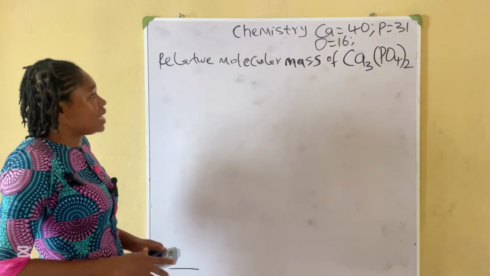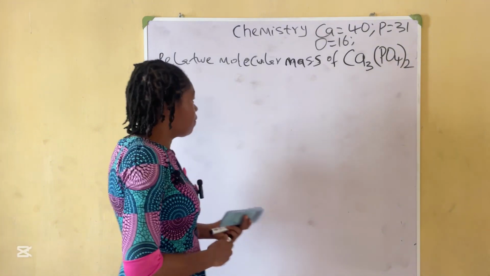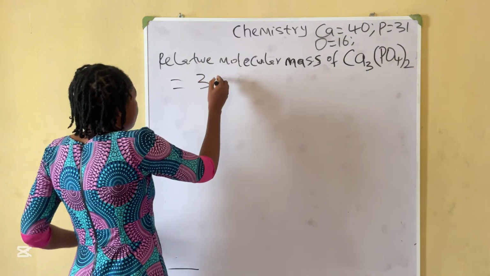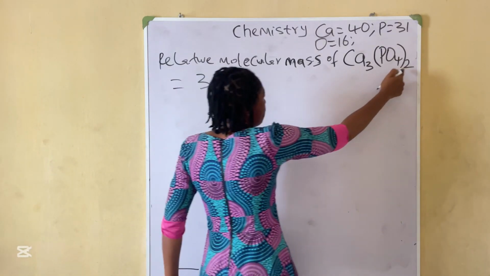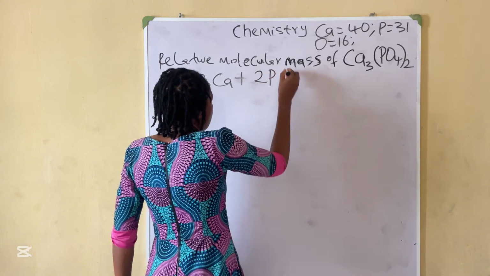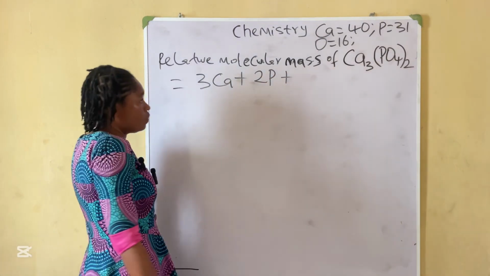Look at the last exercise. Calculate the relative molecular mass of calcium tetraoxophosphate 5. So here I have 3 atoms of calcium plus 2 times 1 for phosphorus, that's 2 atoms of phosphorus, plus 2 times 4 for oxygen, 8 atoms of oxygen.